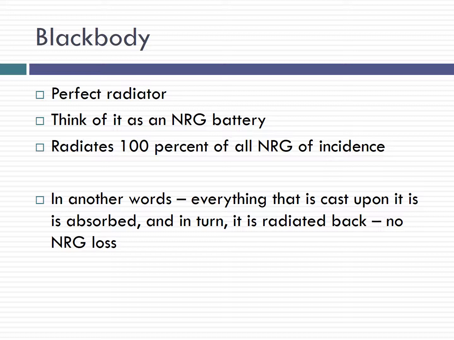Let me say that again. It radiates 100% of all energy of incidence. The energy of incidence is the electromagnetic energy that reaches the surface of an object. So what electromagnetic energy comes in contact with a black body is absorbed and then radiated back.